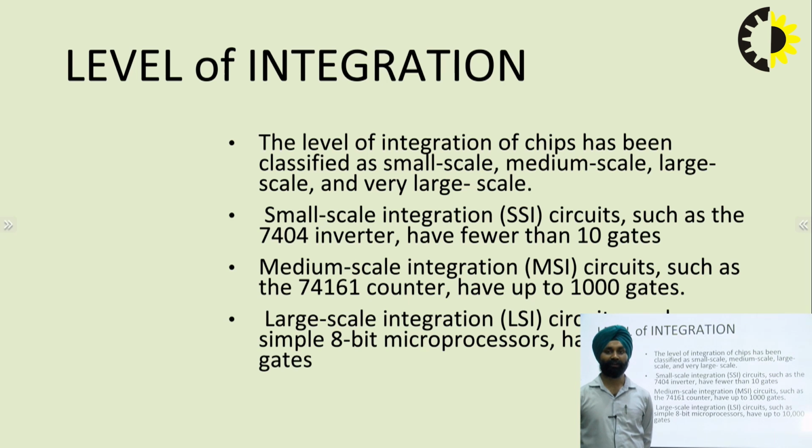Depending upon the level of integration, we can classify it into small scale integration, medium scale integration, large scale integration, and very large scale integration, which is VLSI. Depending upon the number of gates per IC, if the number of gates in an IC is less than 10, then this is called small scale integration, SSI.